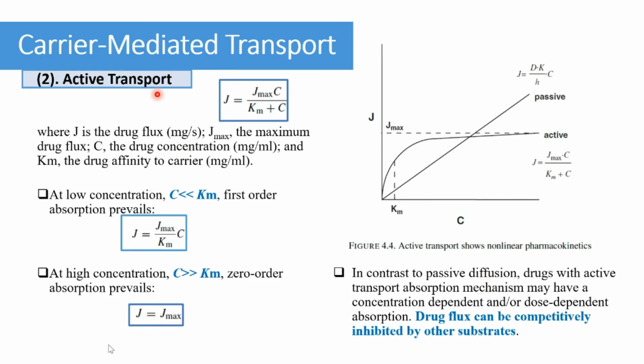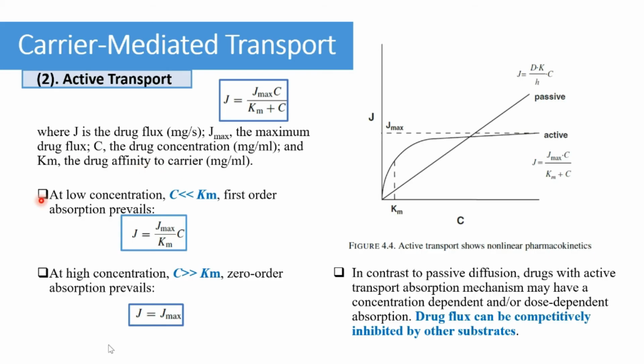For active transport, you have probably seen this equation. This is the Michaelis-Menten equation, but here we change the velocity to J. J is the flux, so J is equal to Jmax multiplied by the concentration of the drug, divided by Km plus C, where J is the drug flux, Jmax is the maximum drug flux, C is the drug concentration, and Km is the drug affinity to the carrier.